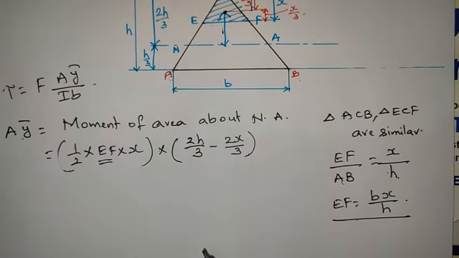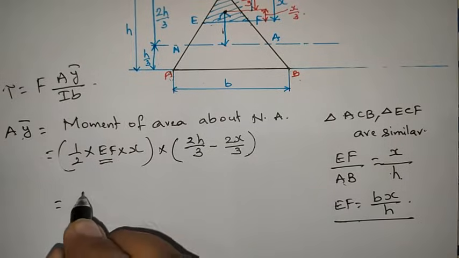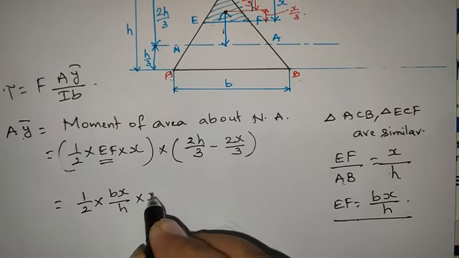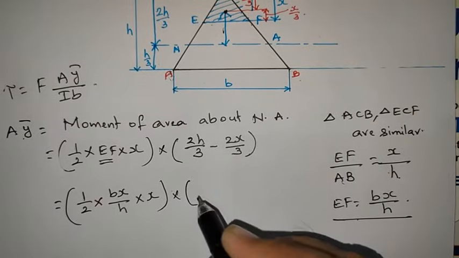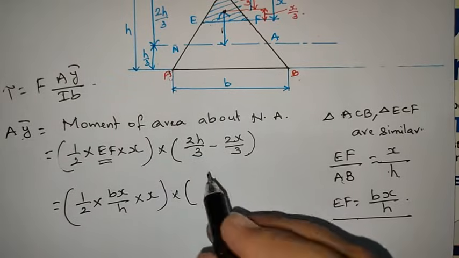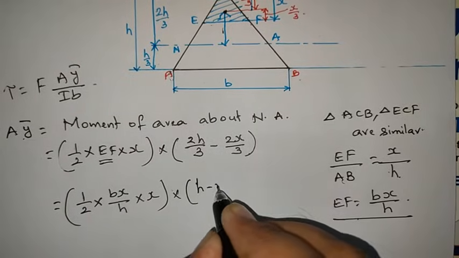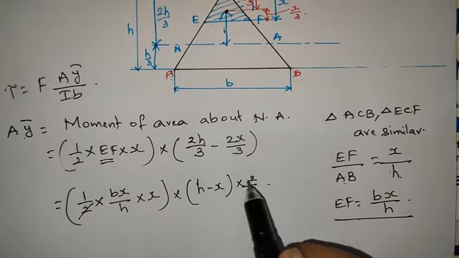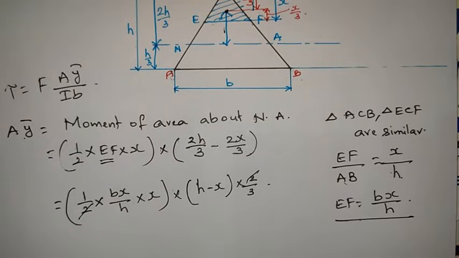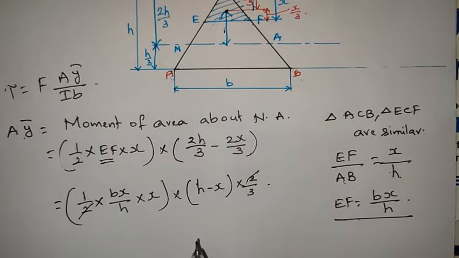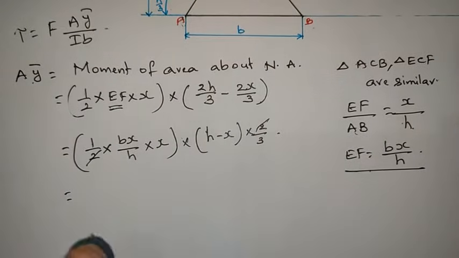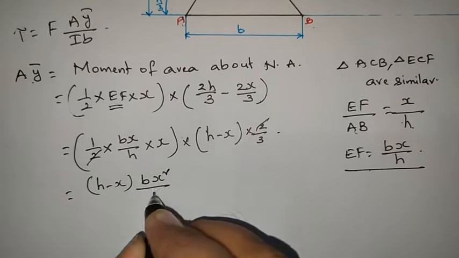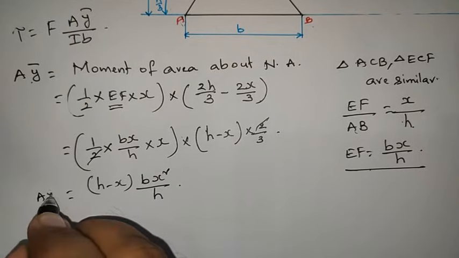Okay, so now write this value here. ఈ వాల్యూ ఇక్కడ రాస్తే ఏమవుతుంది, half into EF, bx by h, into x, into, if you take common 2 by 3, then you will get h minus x into 2 by 3. So here 2 will be cancelled. Then what you get, it is equal to h minus x into bx square by h is the A y bar.